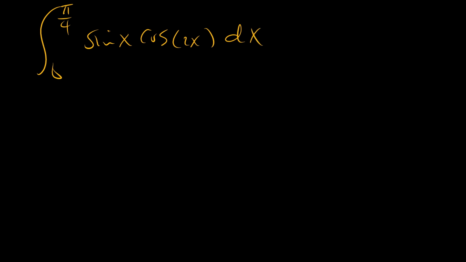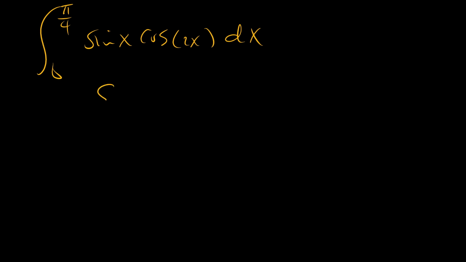The problem we have at hand is the definite integral from 0 to pi over 4 of sine x cosine 2x. And this is actually an interesting problem. Many people may want to expand cosine 2x, but I wouldn't.